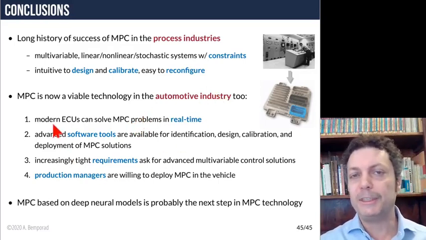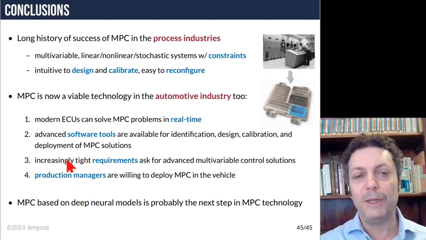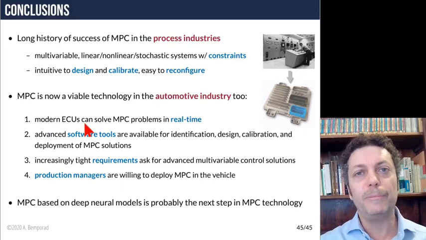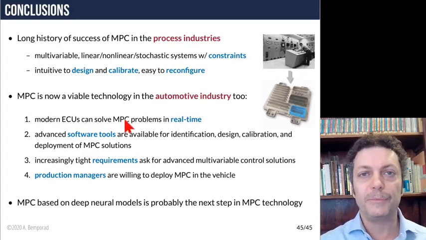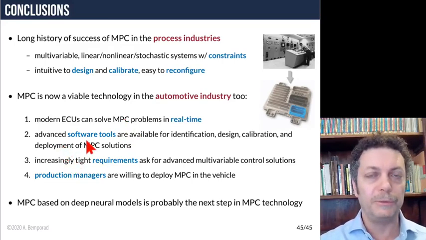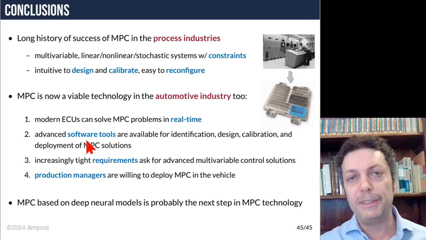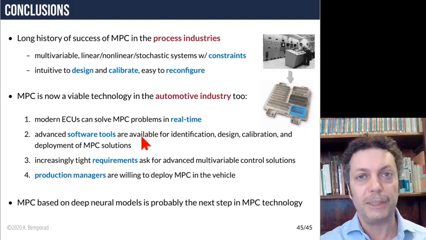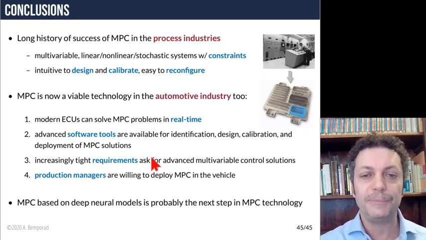Many reasons. I'm listing here what I consider the main ones. First of all, modern ECUs still are not very powerful, but powerful enough to solve MPC problems in real time. Also, the availability of good software tools that can assist you in the design and in the deployment of the right software in the control board is an enabler for this technology and is required to be successful in deploying it.